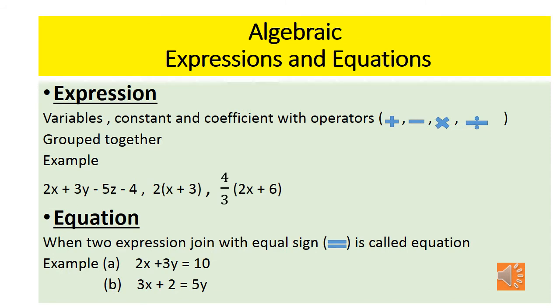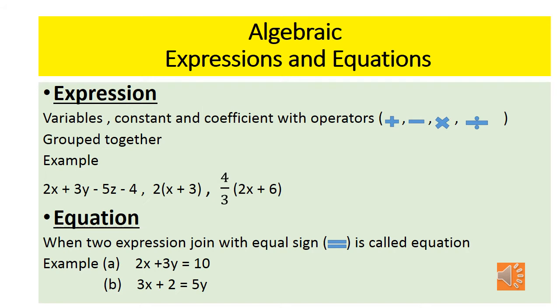Algebra is divided into two parts: expression and equation. Expression: variables, constants and coefficients grouped together with the operators plus, minus, multiply, division is called an expression. An example of an expression is 2x plus 3y minus 5z minus 4. The second example is 2 in bracket x plus 3. Here 2 is multiplied by x and by 3.